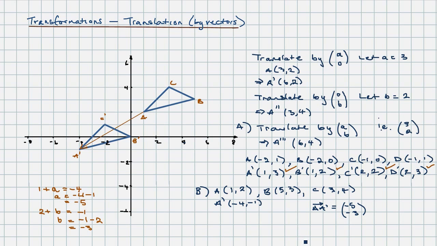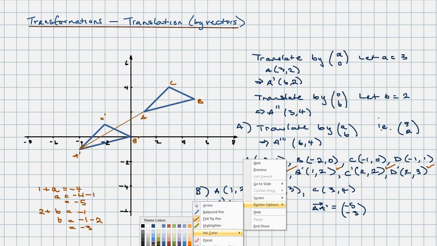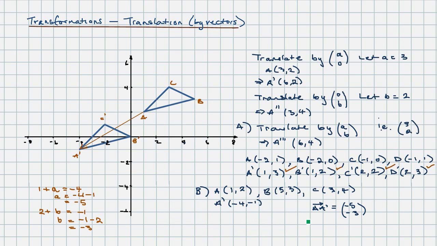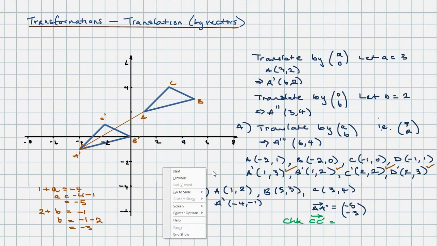So that confirms what we had before, but what I'm going to do now is a check. Just in case we've made a mistake, let's check one of the other vectors. So let's check, let's say c to c prime. So again, let's draw the vector.